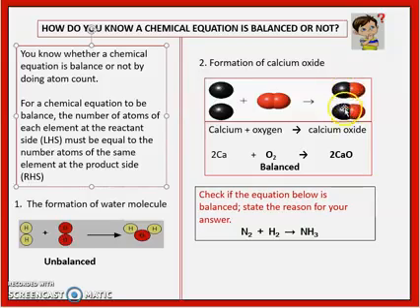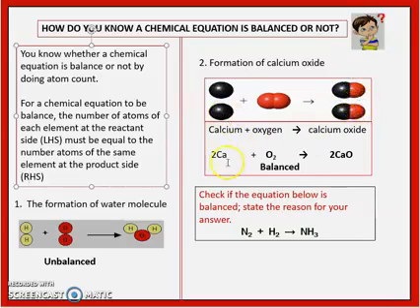So we have 2 atoms of calcium on the right hand side. Then this is the oxygen molecule. How many atoms? 1, 2. So we have 2 oxygen atoms on the left hand side, and on the right hand side, in the compound product, we have 2 atoms of oxygen.